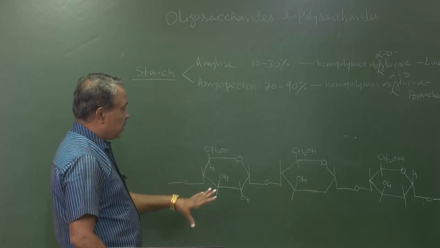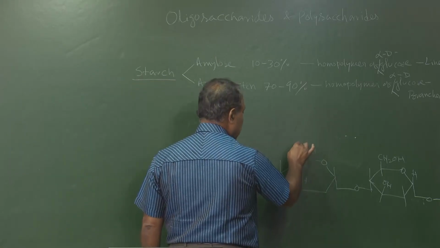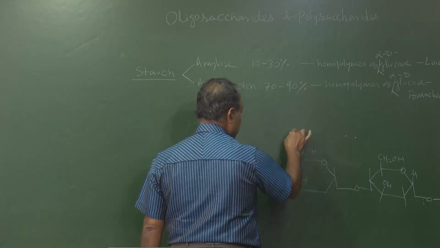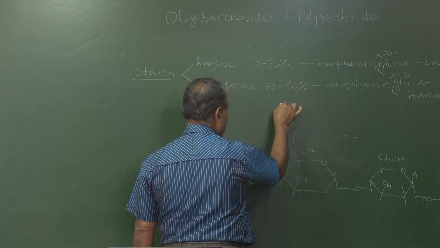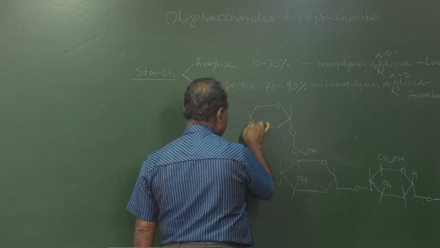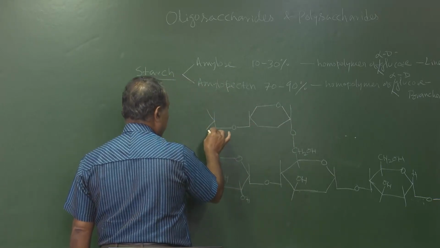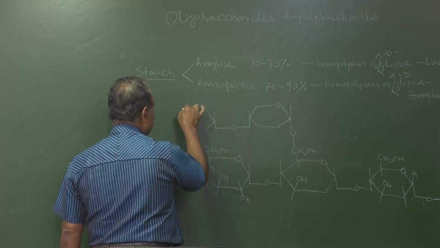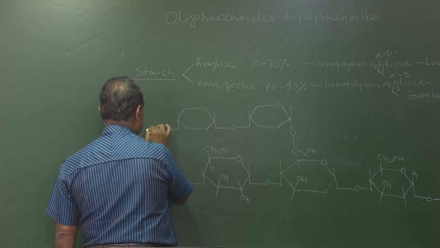I will just show you the meaning of a branch point. In amylopectin, the structure is like this.